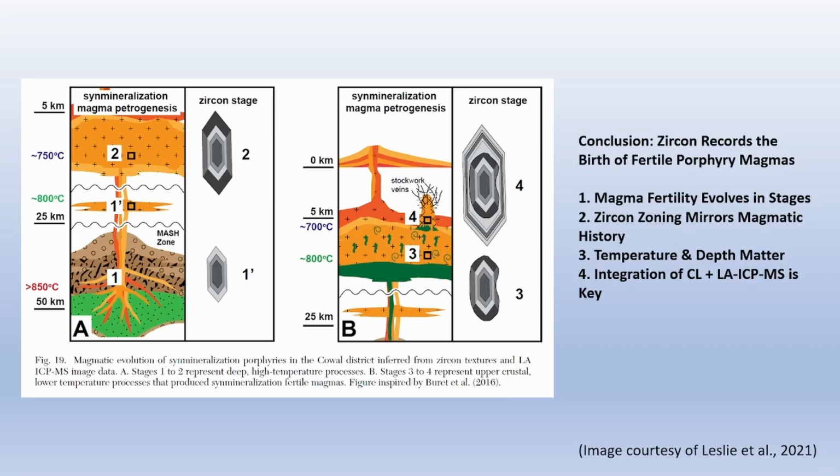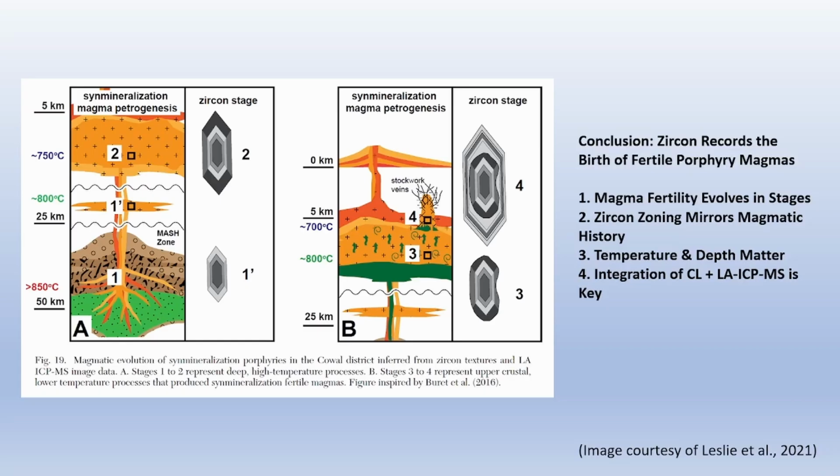It starts deep, way down in the crust. Hot mafic melts rise and mix with continental crust in what is called the MASH zone. This is where the first zircon cores begin to crystallize. They're simple in texture, but they're holding the chemical blueprint of the system's roots.